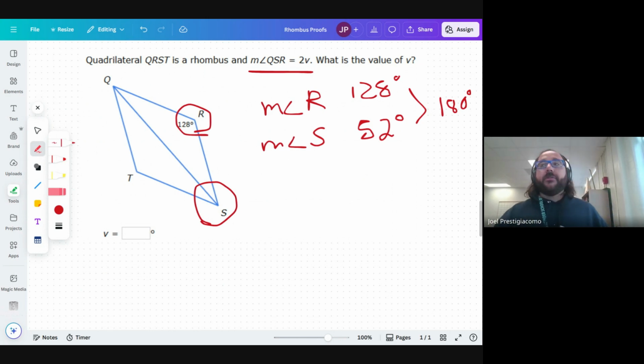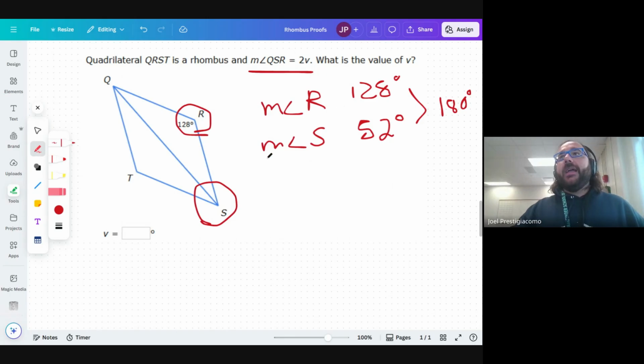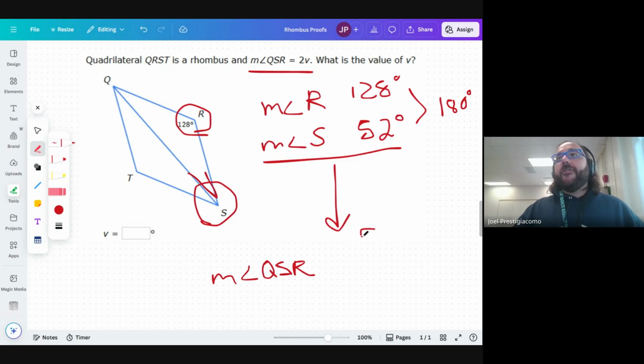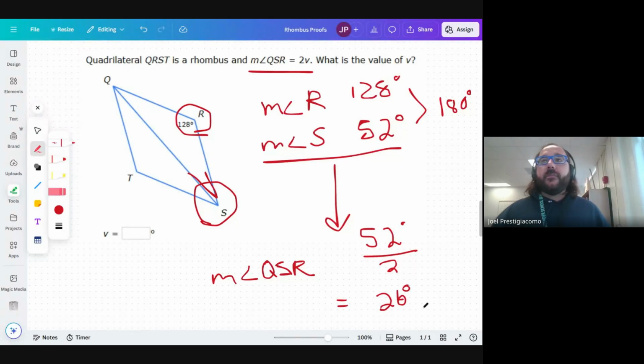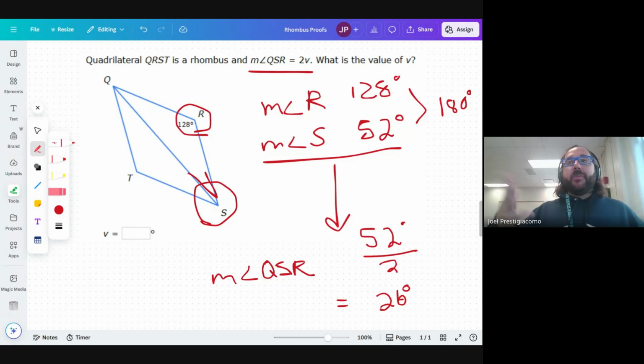They have to add up to that. So if I know that angle S is 52, then the measurement of QSR, this half of it, is going to be half of 52. It's going to be 52 over 2, which is 26 degrees. Again, each angle is bisected by its diagonal.